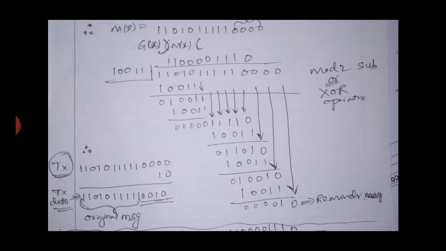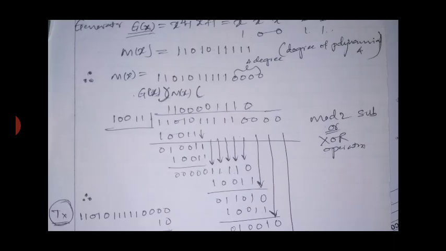So because of this, for your message you have to add 4 zeros, because this generator polynomial degree is 4.